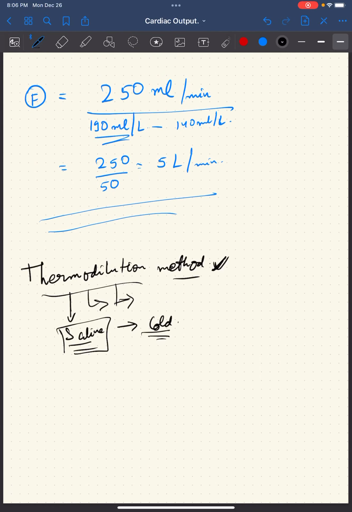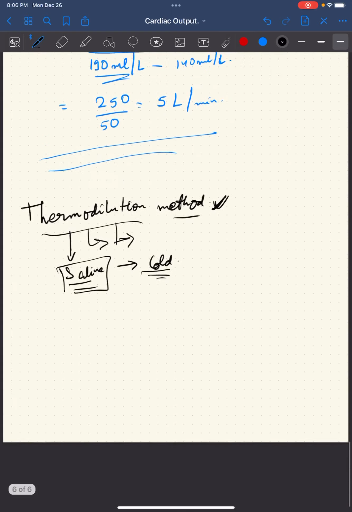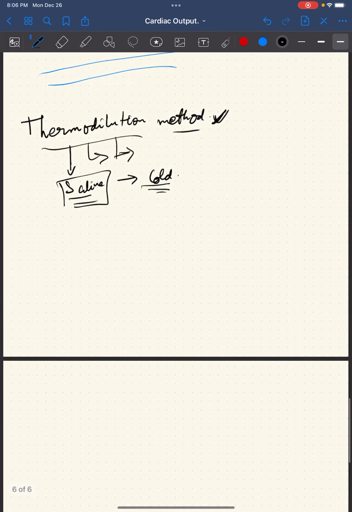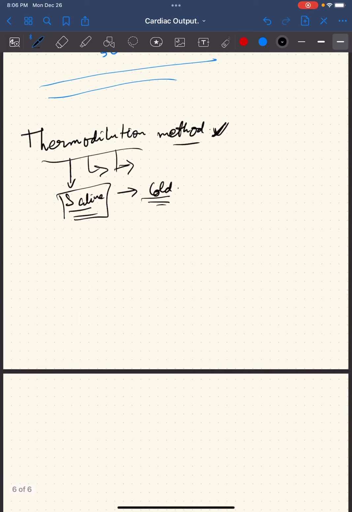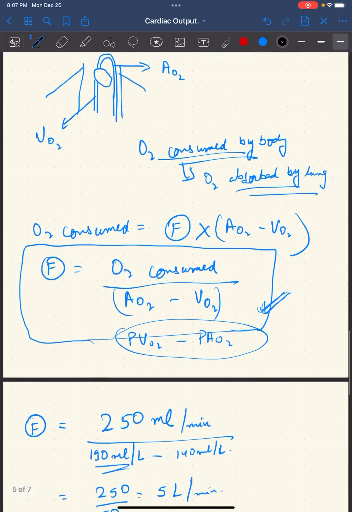So this is a major advantage, and the cold dissipated to the tissue through the recirculation is not a problem, and it is easy to make repeated determinations. Like there is circulation once, twice, thrice, we can do determination using thermodilution method, which is not possible through indicator dilution method.